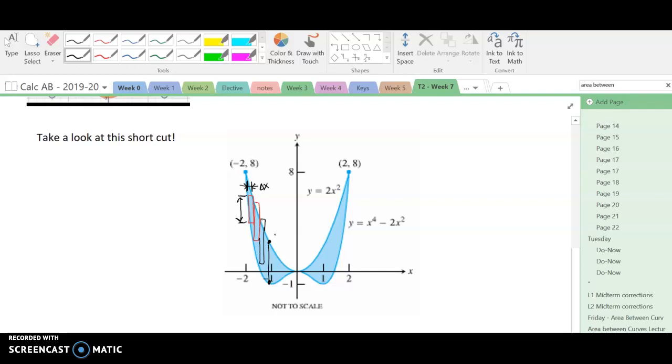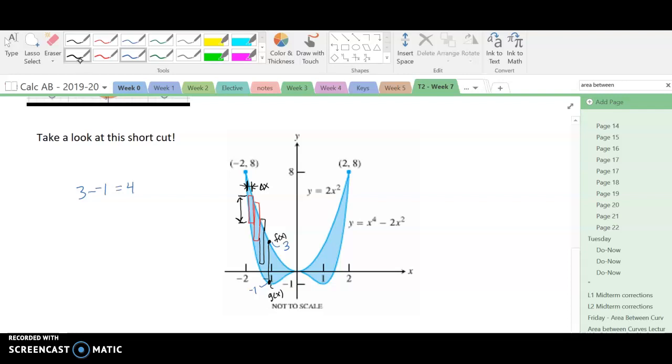So if this upper curve was, let's say, f of x, and this lower curve was g of x, and we thought about these as just y-coordinates at first. Let's say this is 3, and this y-coordinate is -1. Well, the height would be 3 minus a -1, or 4.